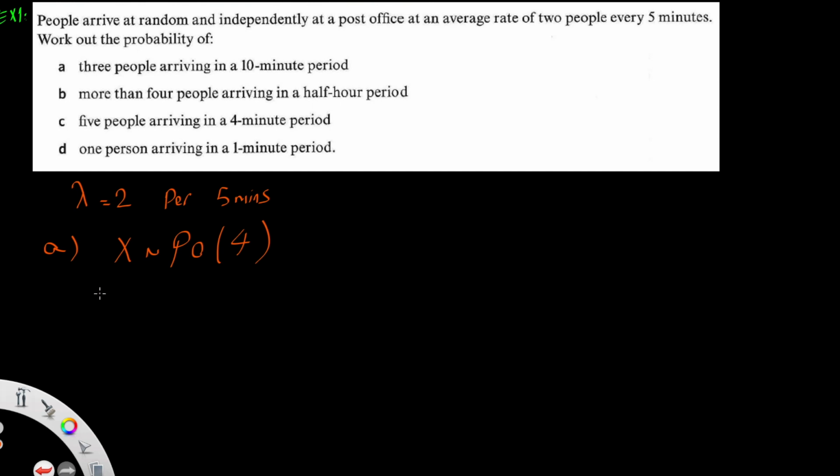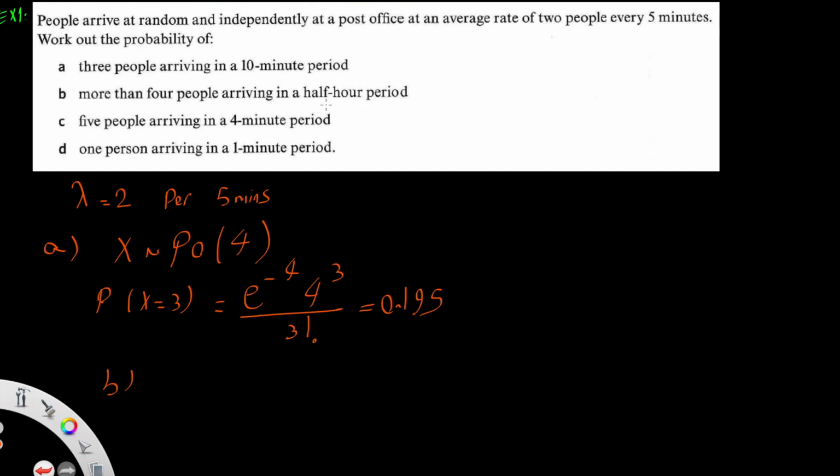So you are supposed to find the probability of x equal to 3. So considering 4 as your lambda, it will be e to the power of negative 4, 4 to the power of 3 over 3 factorial, which is 0.195.